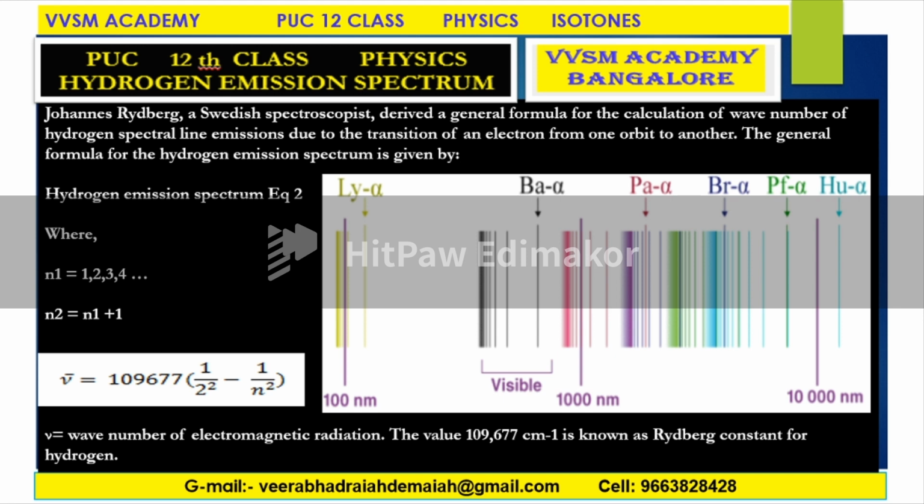The general formula for the hydrogen emission spectrum, for the Balmer series, is ν = 109677 × (1/2² − 1/n²). This is the equation where R is the Rydberg constant. This is the spectrum of the Lyman, Balmer, Paschen and Pfund series respectively, my dear friends.